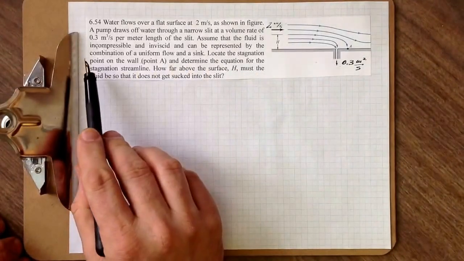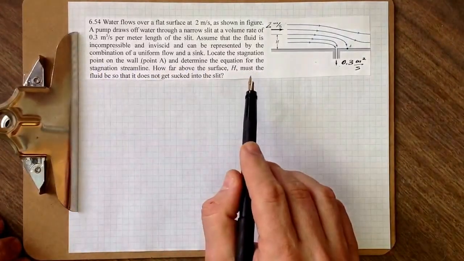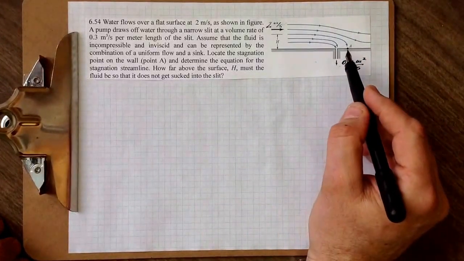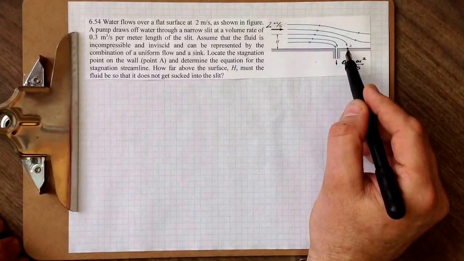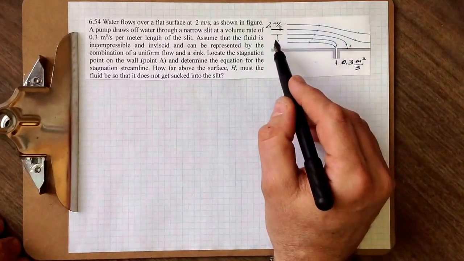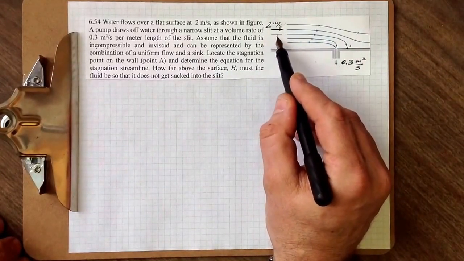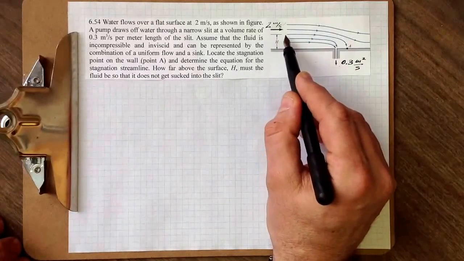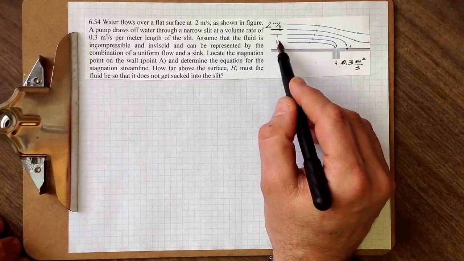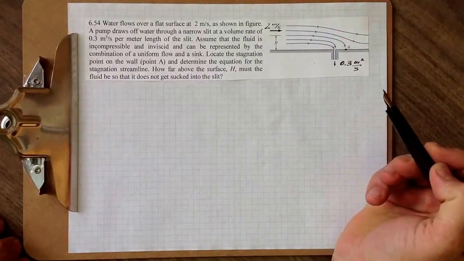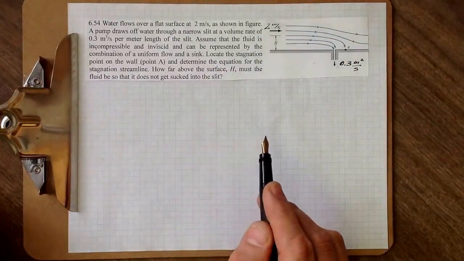So assuming that this is incompressible inviscid fluid, we are asked to determine the position of the stagnation point A and the incoming streamline that basically divides the region into the fluid that is being sucked through the slit and the fluid that flows over and continues.